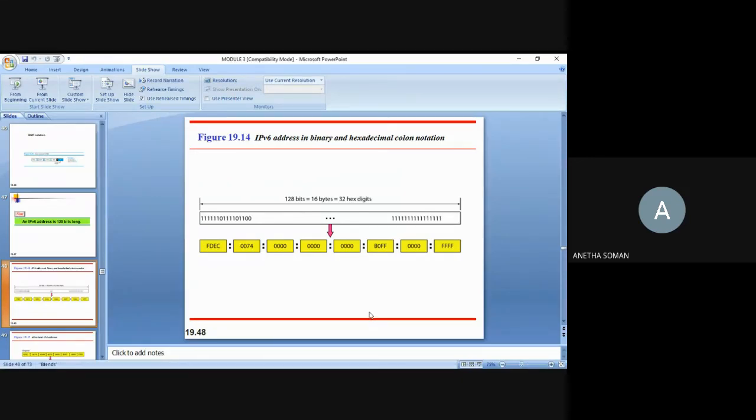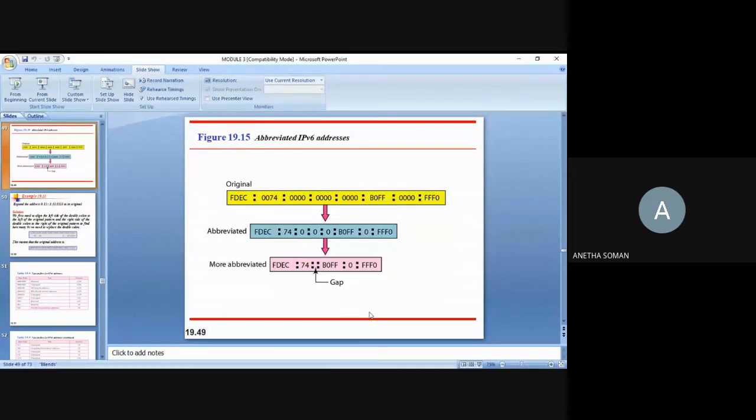Now, it can be abbreviated like this. Abbreviated IPv6 addresses. So the original address is on the top, which is shown in yellow color. The abbreviated one is shown in blue color and the more abbreviated one is shown in pink color. So what is the difference? Now, in the original, you can have many zeros in the middle. So what I will do is make use of only 1 digit to represent those zeros.